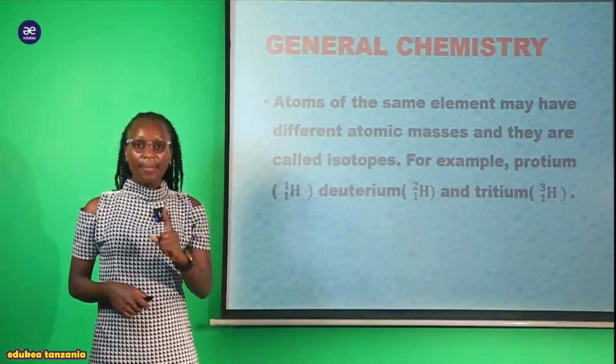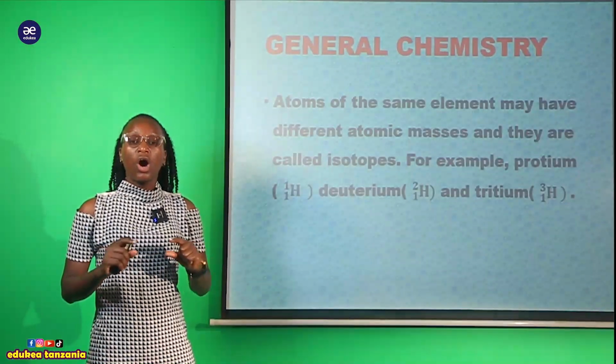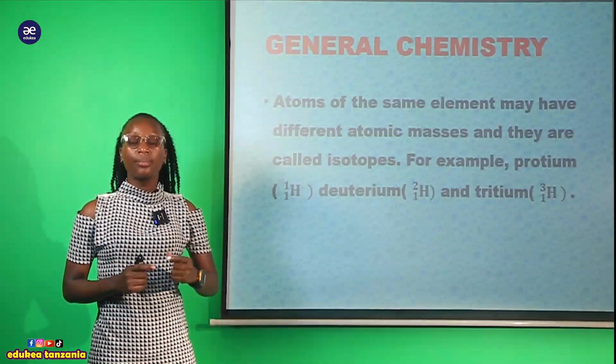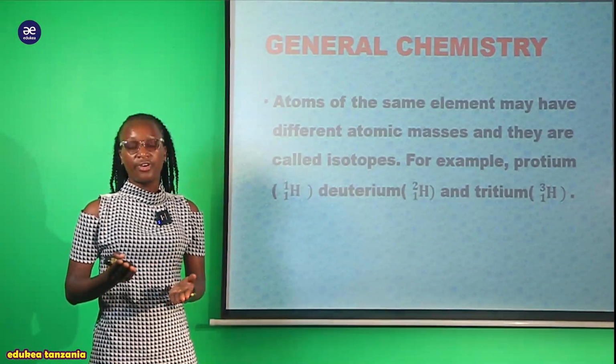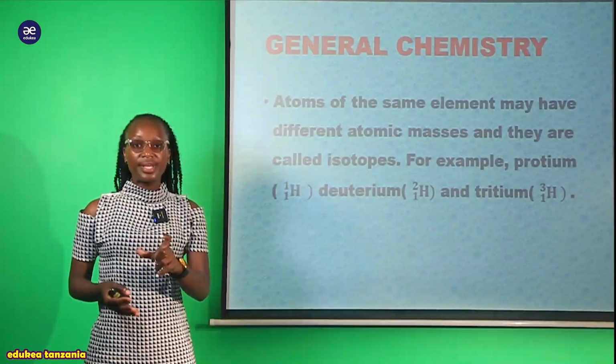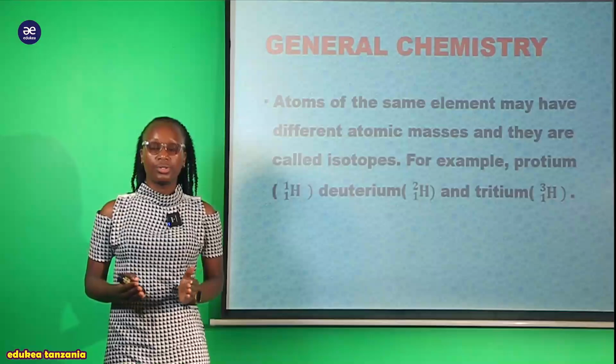That the same element tends to have the same number of protons or the same number of electrons, but when we come to the atomic mass, they appear different. And this concept is proved in the isotope.